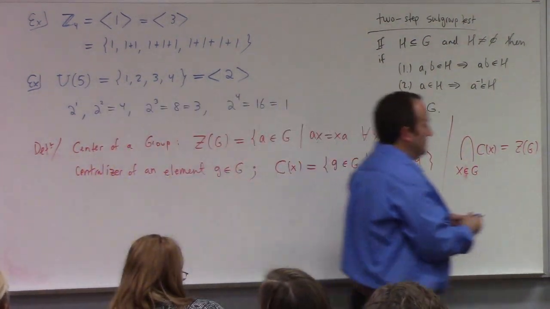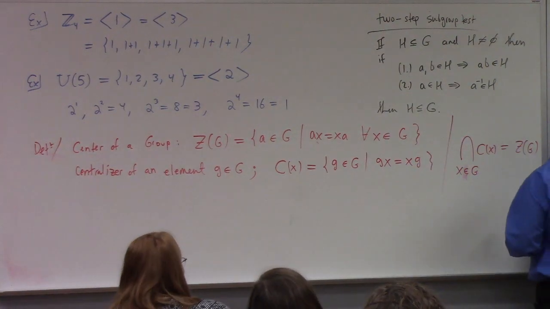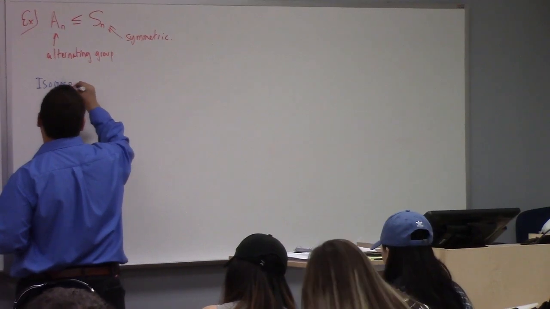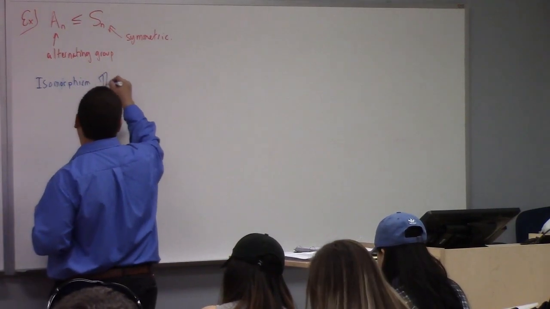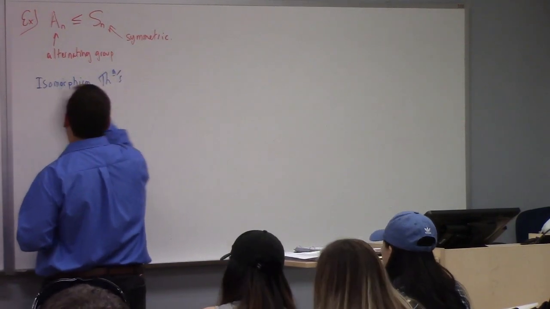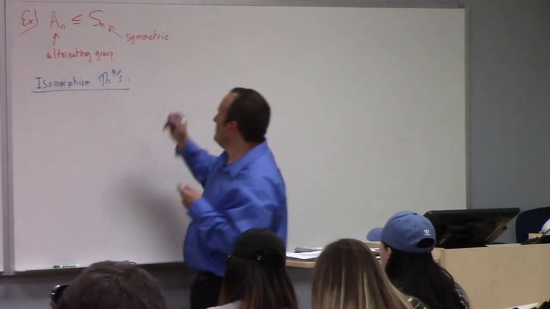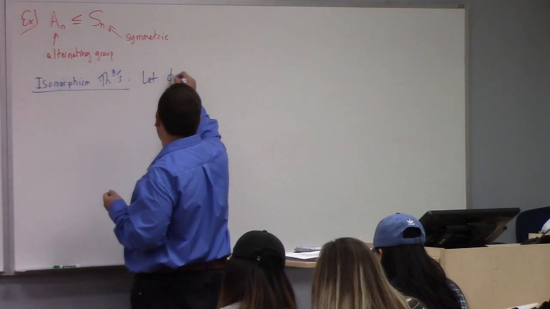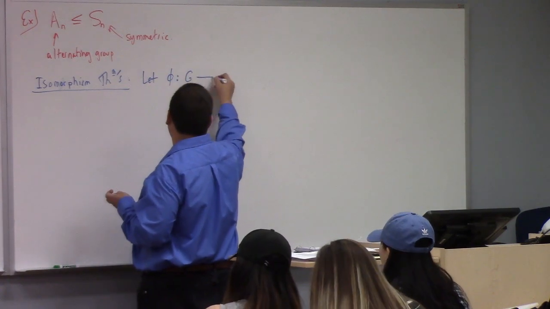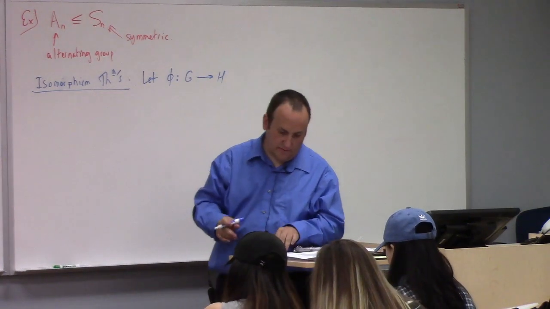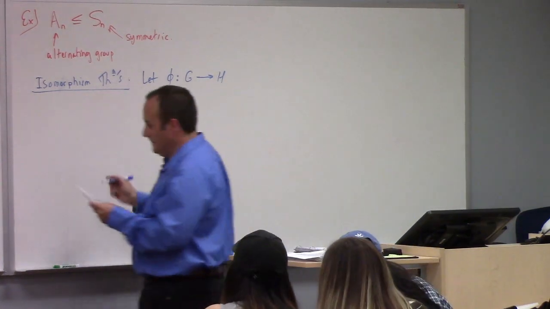So, isomorphism theorems. Let's see here. We're going to let phi be an isomorphism from a group G to a group H. We have the following things are true.